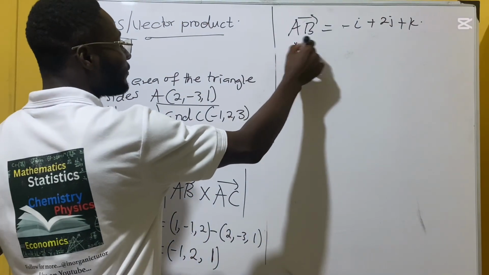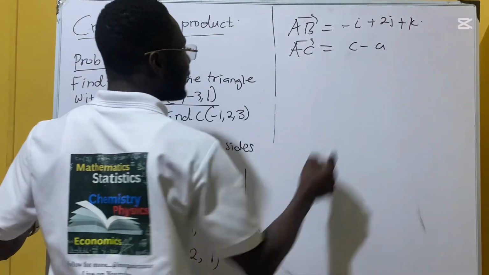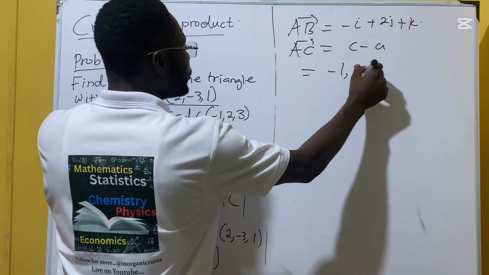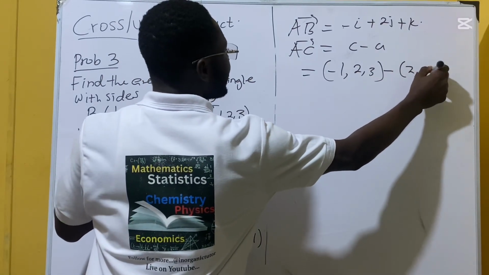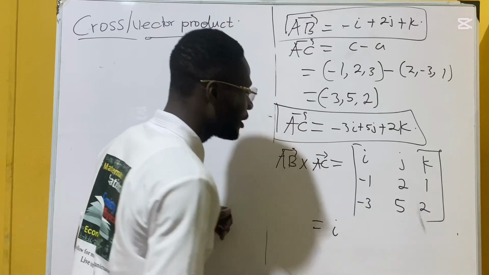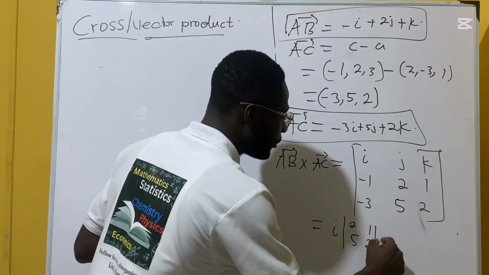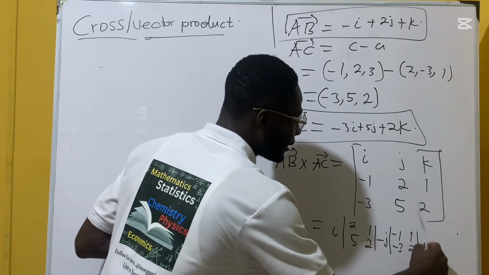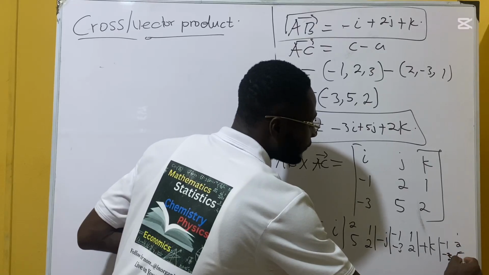And position vector for AC will be equal to C minus A, right? So we have our C here to be (-1, 2, 3) minus (2, -3, 1), right? We have that. We find the determinant, and that is going to be i into (2, 5, 1, 2) minus j into (-1, -3, 1, 2) plus k into (-1, -3, 2, 5), right?